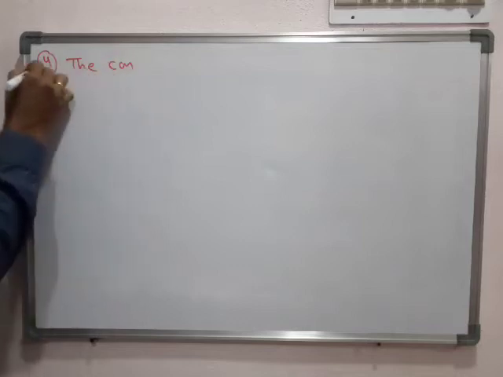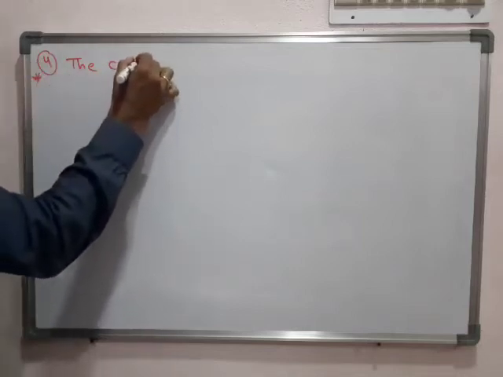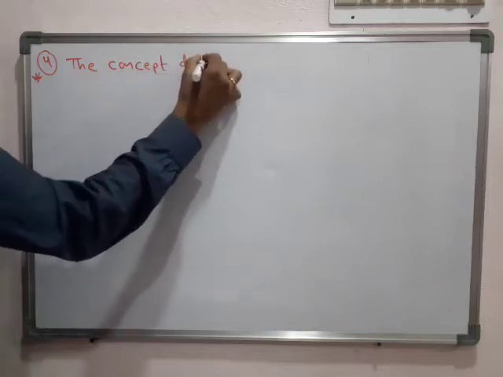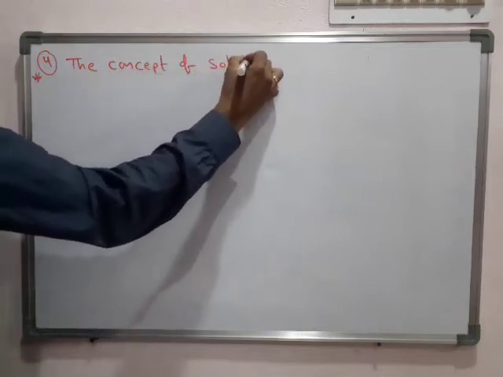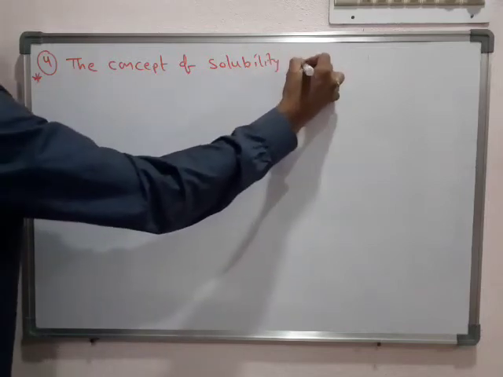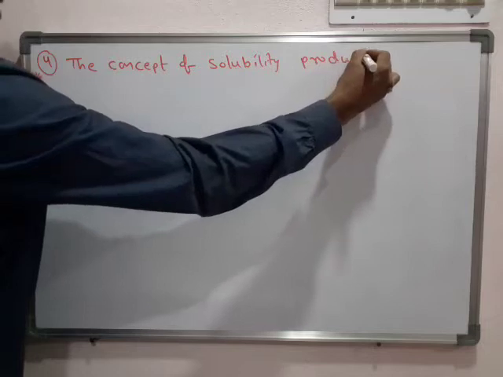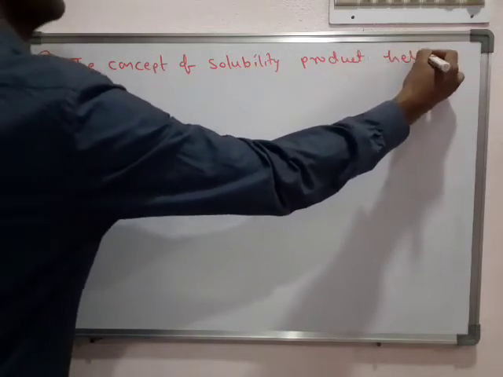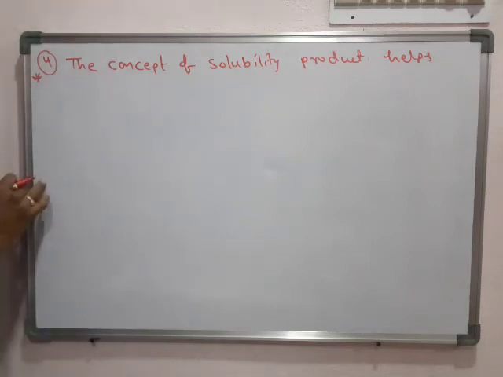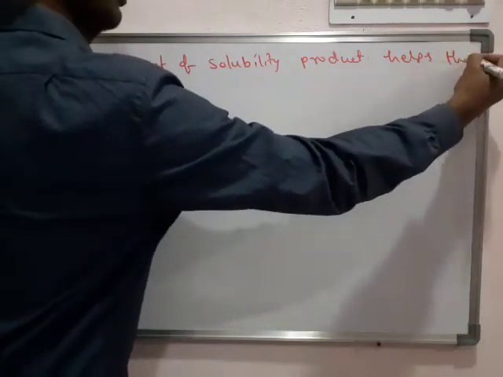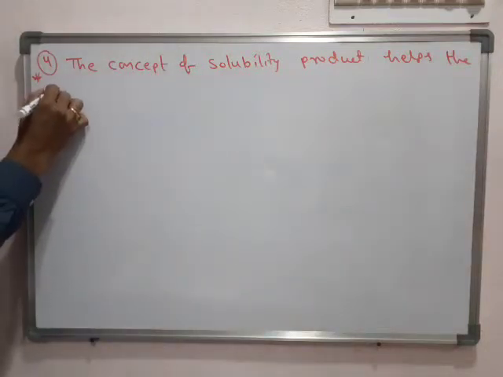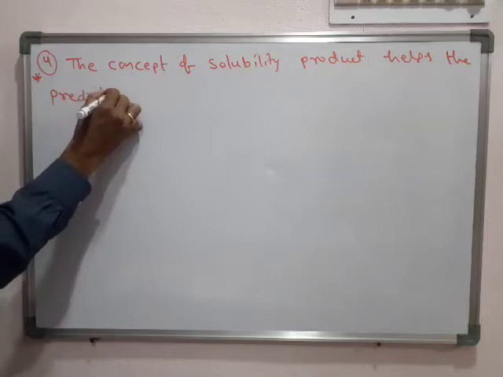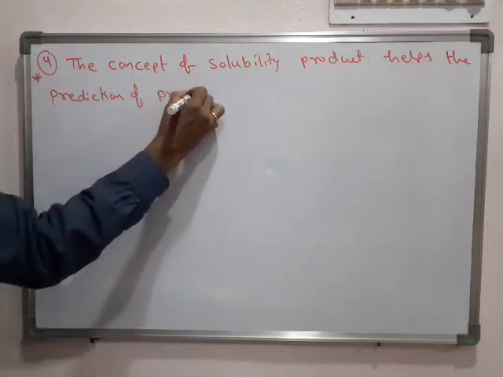So the important concept here, the main application of solubility product, is this: the concept of solubility product mainly helps in the prediction of precipitation.